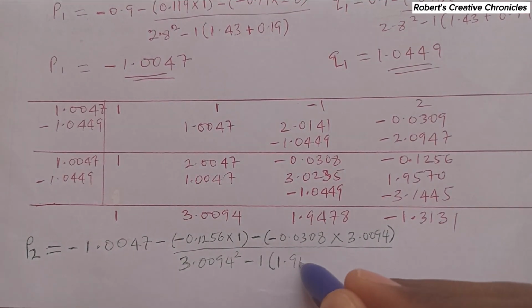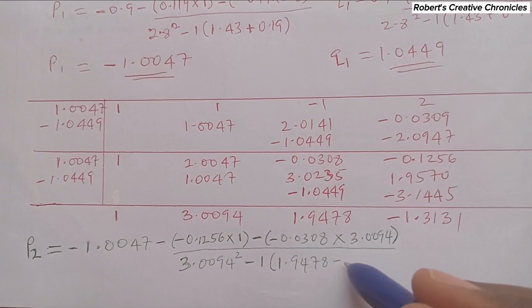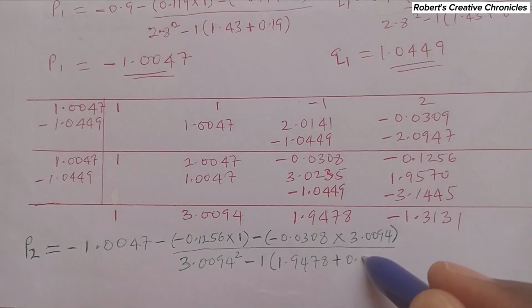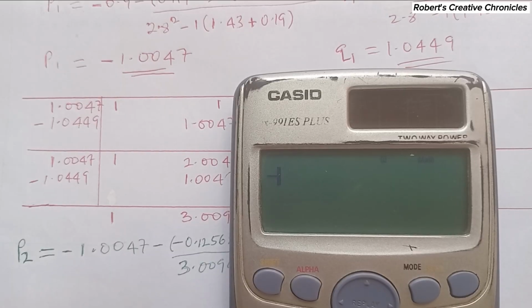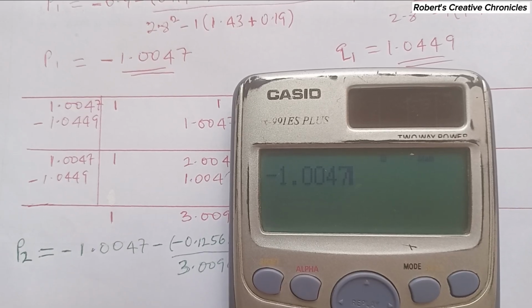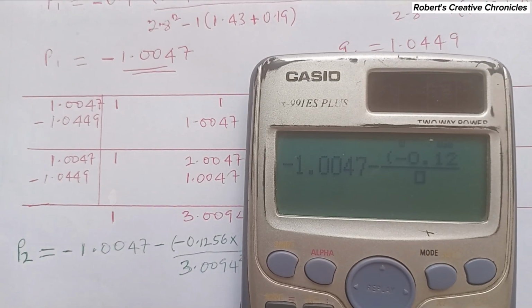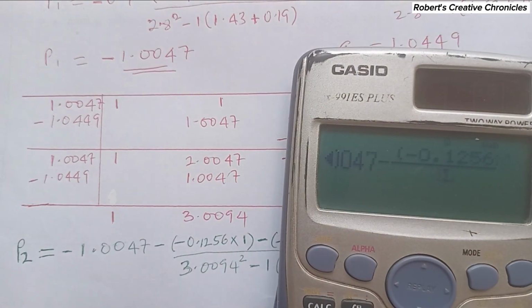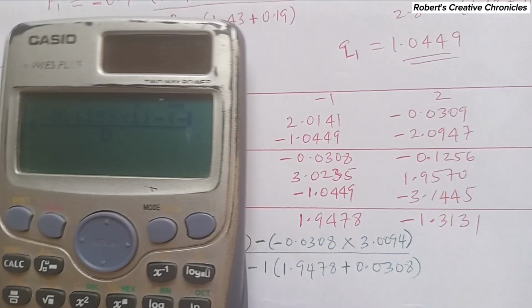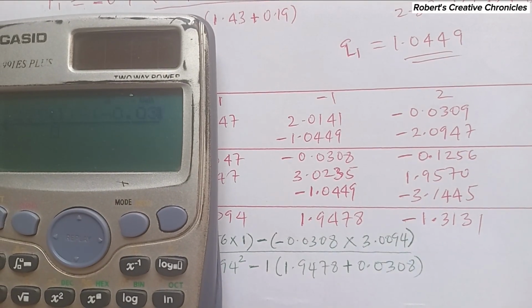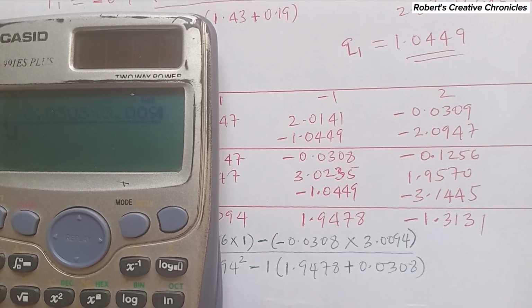This is 1.9478 minus B2, which is directly above it, plus 0.0308. Negative 1.0047 minus 0.1256 times 1, minus 0.0308 times 3.0094.